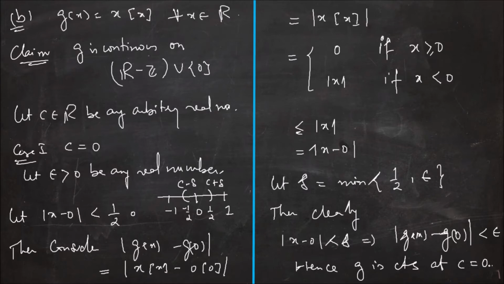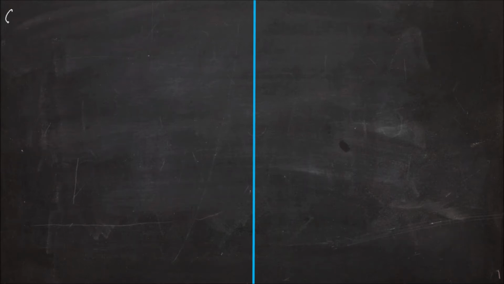So we have shown that if I take c equal to 0, then g is continuous at c. Now we shall take the next case, when c is not an integer and c is not equal to 0. So case 2, c belongs to R minus Z. So we will show that in this case g is continuous.